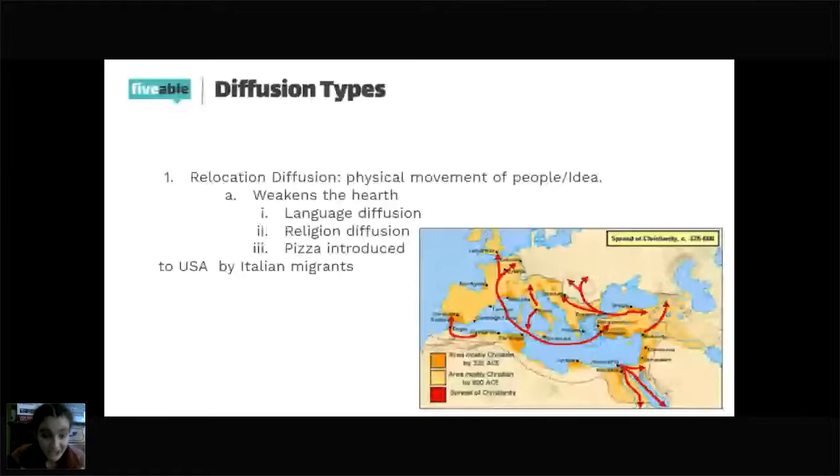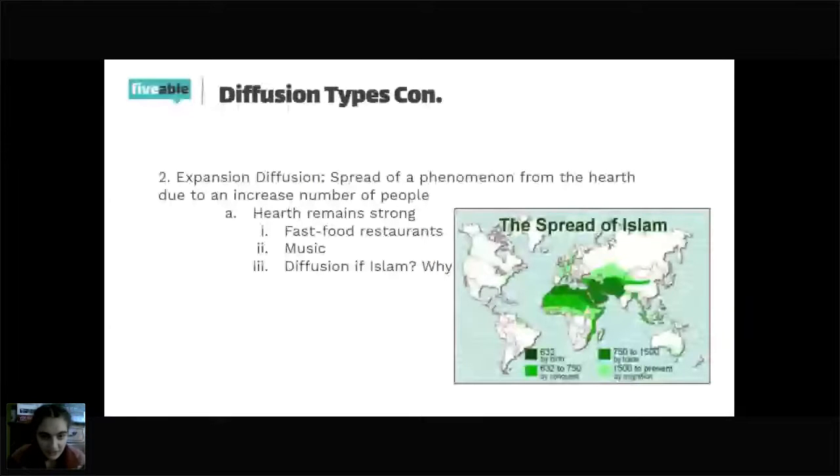And here, the Middle East is in expansion diffusion. The Hearth is pretty strong, right? Islam is still the first religion in the Middle East. That's the first religion that most people practice in the Middle East, and it's still very strong where it is found, right? Because of the way it diffused, the way people introduced it, whatever the historical cause was, but this is the main reason why I use both. I use these two different religions to explain.